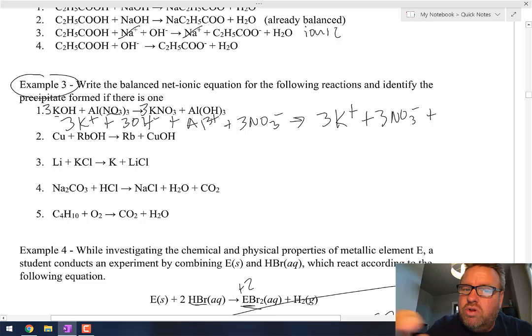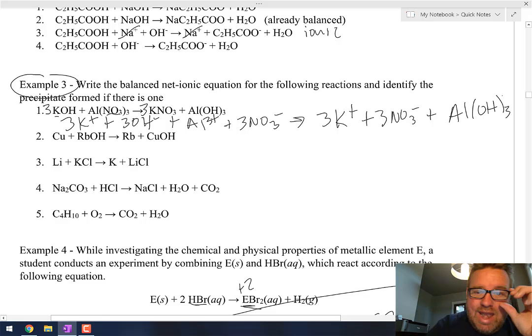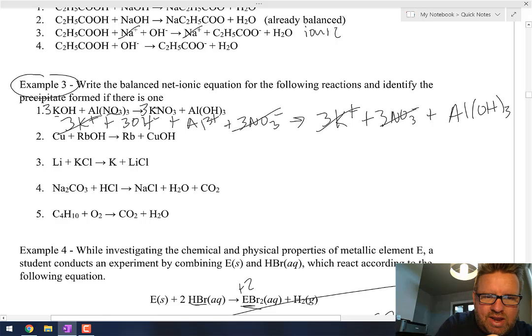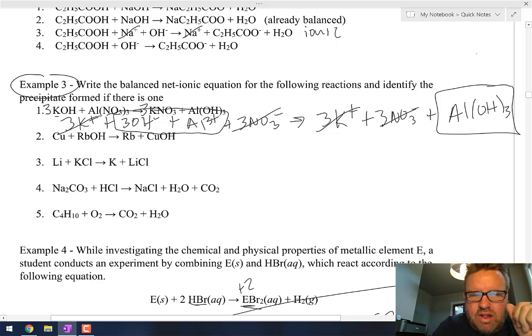No rule about aluminum or hydroxide, therefore it is insoluble. Now I go through, and things that are the same on both sides are gone. The 3 potassiums are gone. The 3 nitrates are gone. So my net ionic equation would be 3 OH minuses plus Al3 plus makes Al(OH)3.